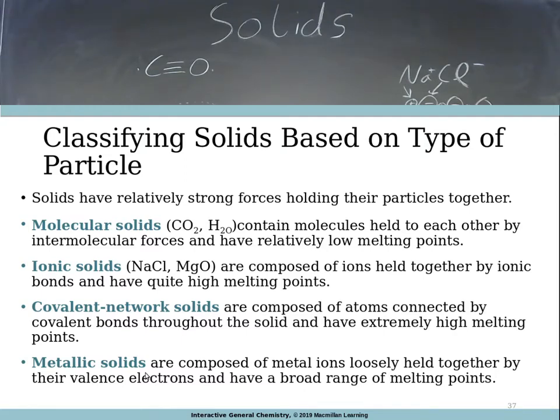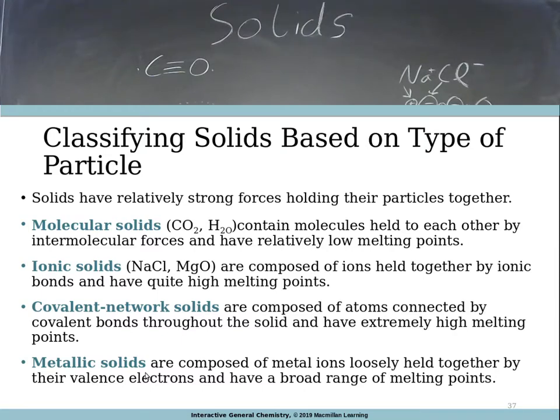A good example is diamond. Diamond is made of carbon, and the carbon atoms are all bonded together. An interesting, if a little bit disingenuous, way to think about a diamond is that it is one giant molecule. That's maybe true because there really are covalent bonds from one side of your diamond to the other.